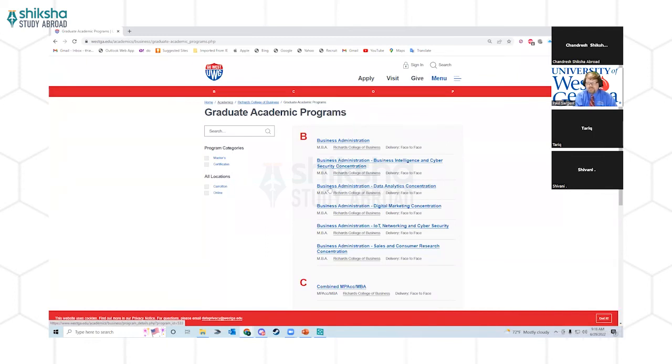So it's a more focused business degree as opposed to a computer science degree. I didn't cover it in today's session, but we do have it as an available option. If data analytics is more of an interest to you than computer science, I would recommend the MBA in data analytics concentration that we have available.